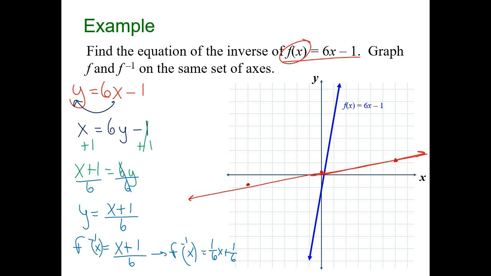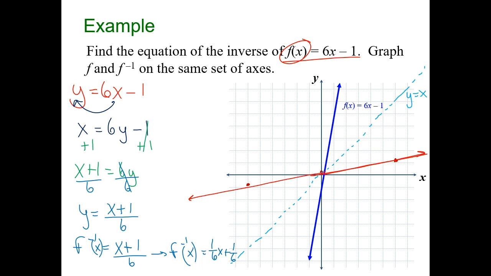Now there's something special about inverse functions, is that they're always going to have this kind of relationship where they are going to have this reflection across this imaginary line that goes through here. And this is the line y equals x. This is our most basic linear equation, y equals x.